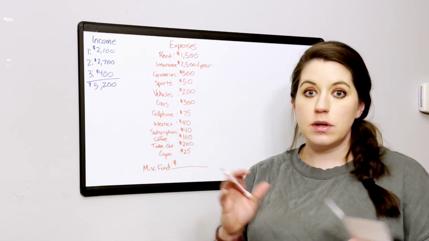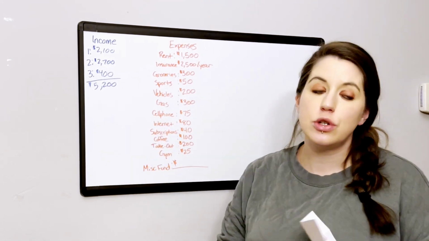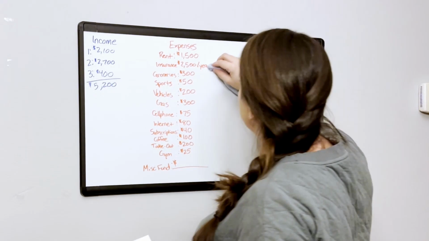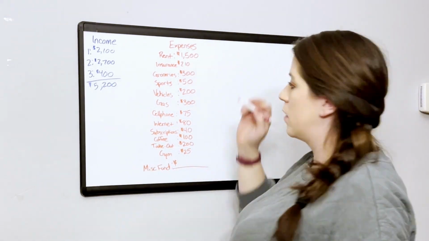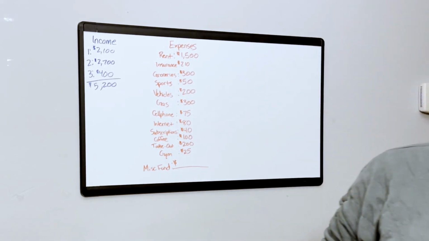So for even sake, and because it's an expense, we want to round up. So we're going to say $210 a month. And now we have an even playing field. Those are all monthly expenses now.